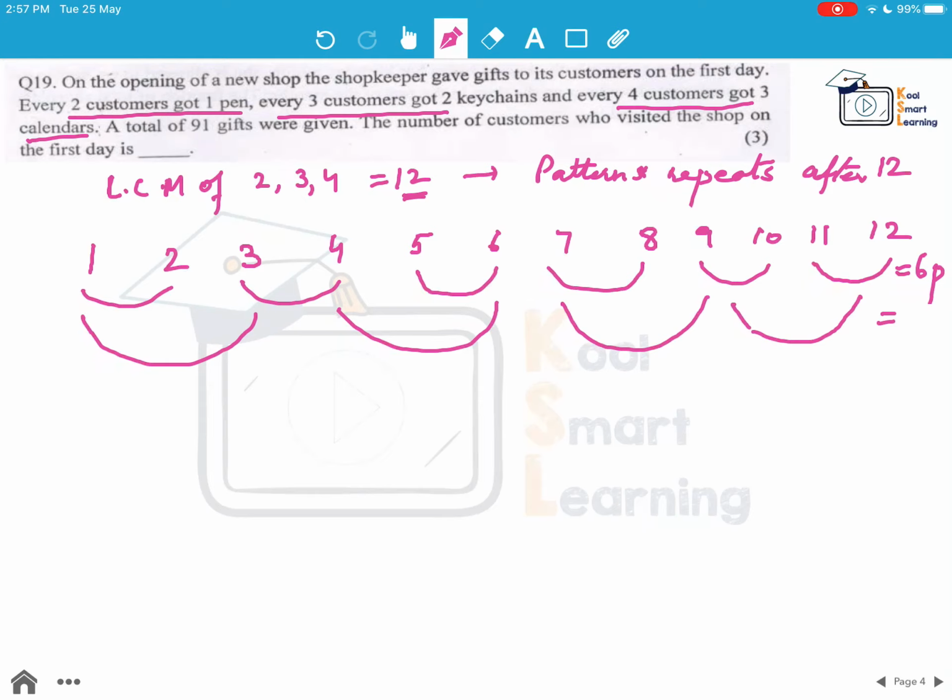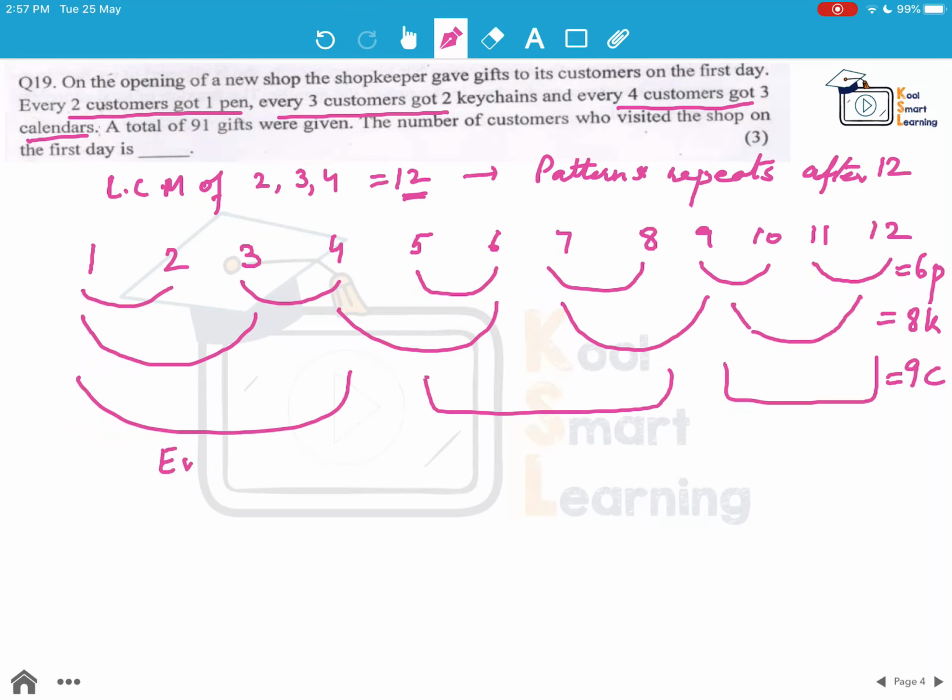So that means we have 4 sets of these and 2 keychains per set. So this becomes 8 keychains distributed. Now every 4 customers, 3 calendars have been distributed, and we are getting 3 sets here. So this becomes 9 calendars distributed.